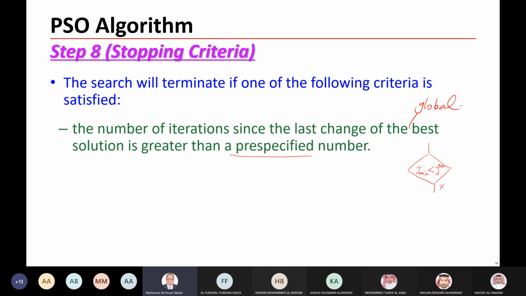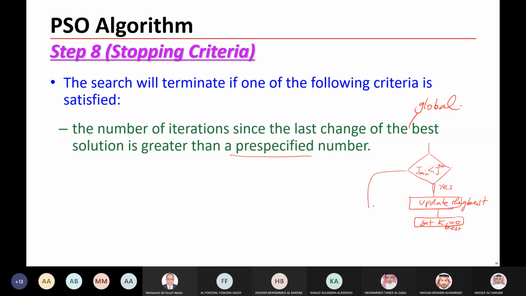If yes, then you will update the global best, and then you set K best, which is a counter, equal to 0.